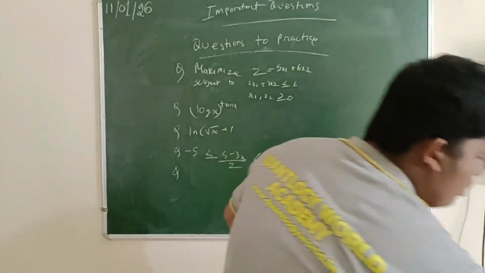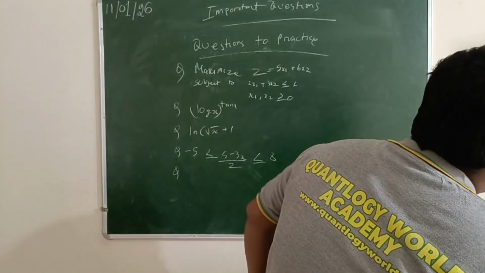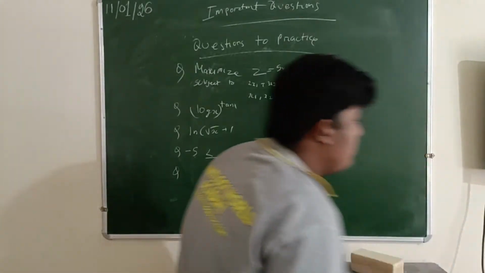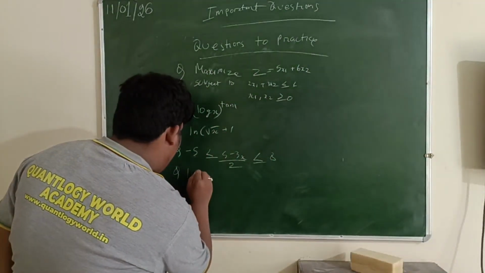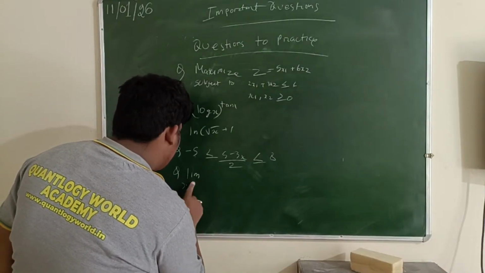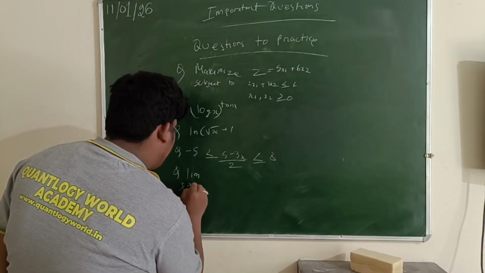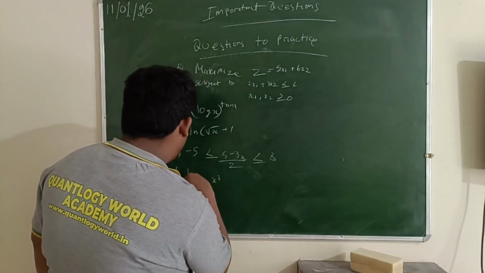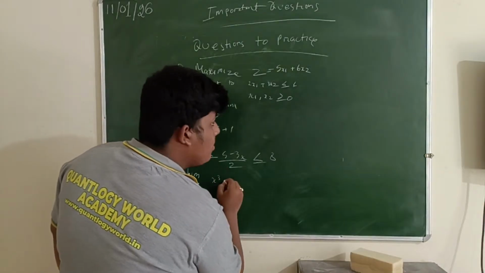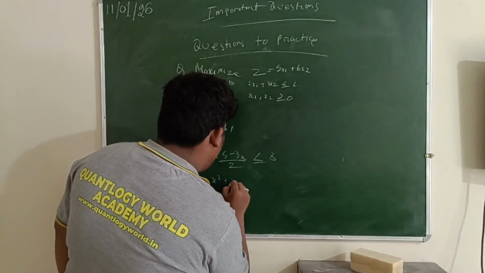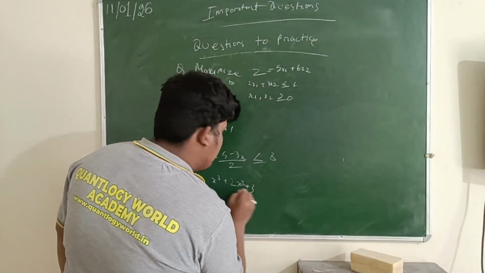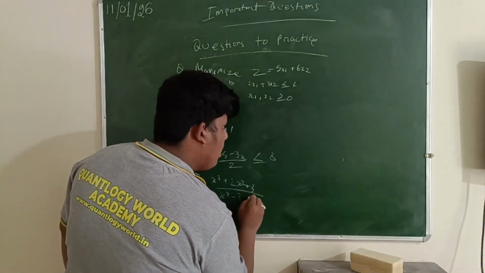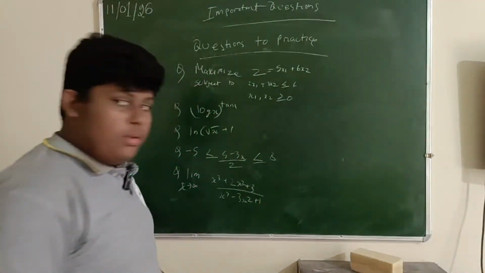Then the last question is from limits, for infinity: limit x tends to infinity of (x to the power 3 plus 2x square plus 3) by (x to the power 4 minus 3x square plus 1).